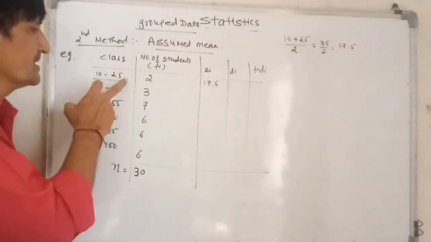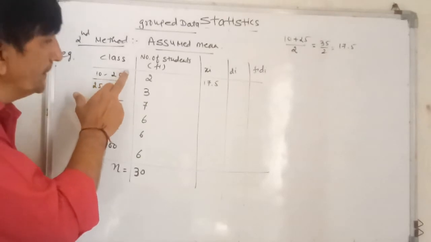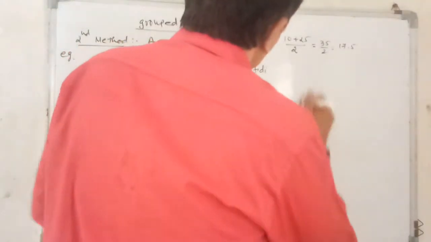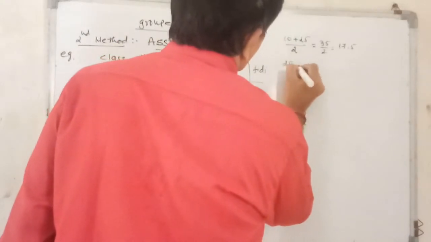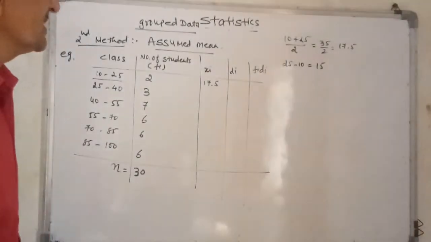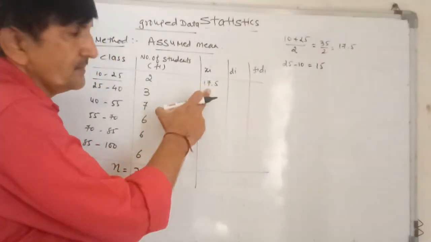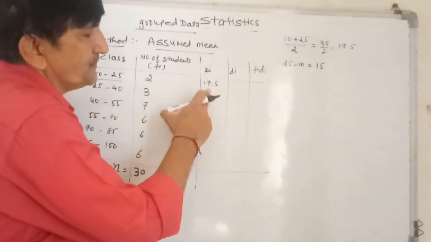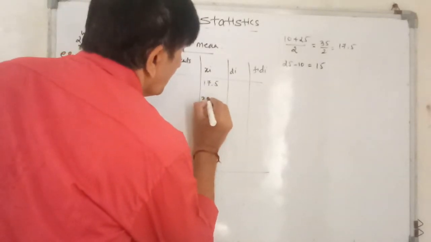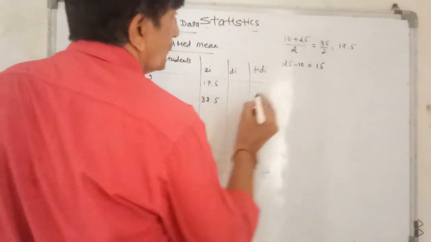Now there is no need to find the mid value of each class every time. Just find out the class length. How to find the class length? 25 minus 10, so it is 15. Just add the class length to this. So 17.5 plus 15 is 32.5.